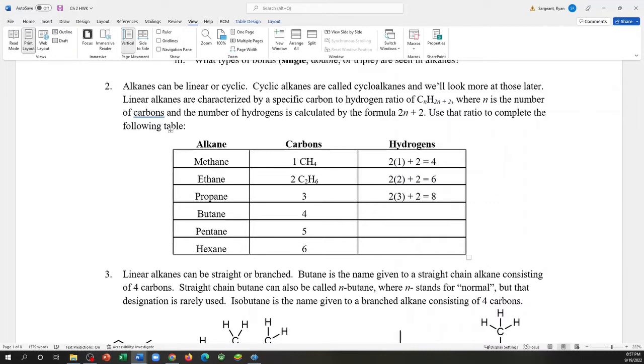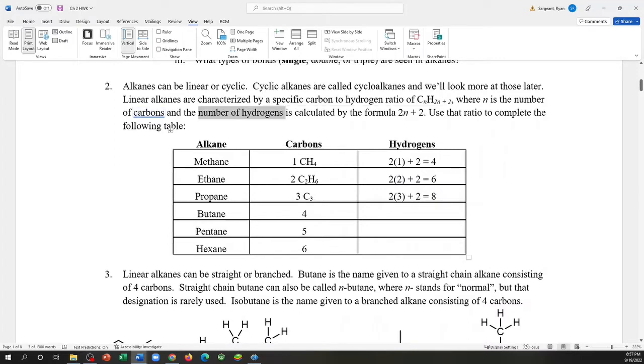Propane has 3 carbons. And what we start to see here is a mathematical pattern, that the number of hydrogens is equal to the number of carbons times 2 plus 2. And this is the formula right here, where the number of hydrogens is calculated by the formula 2n plus 2, where n is the number of carbons.